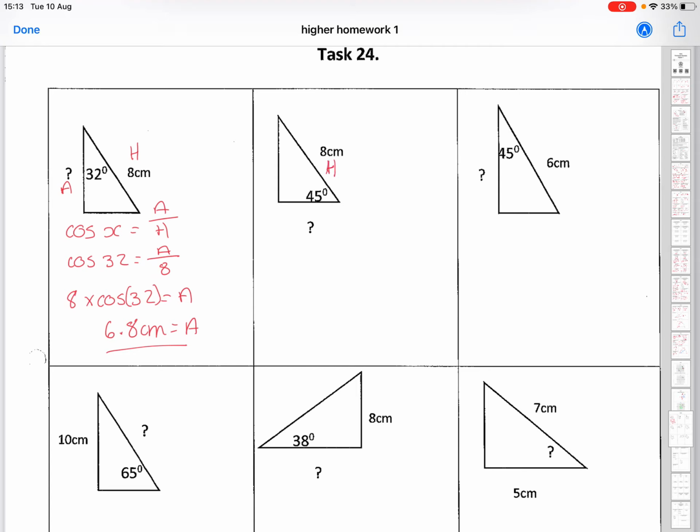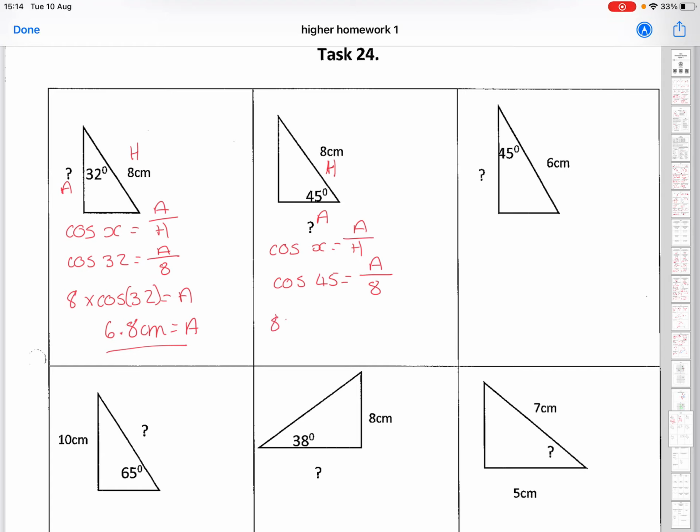Next one, we've got an angle, it's 45. We've got our hypotenuse is 8, that's the diagonal, it's opposite our right angle. The side next to it is the adjacent because it's next to, so we've got cos again of A over H. So we've got cos of the angle 45, should be amazing at cos by now, is the adjacent, which we don't have, over our hypotenuse, which is 8.